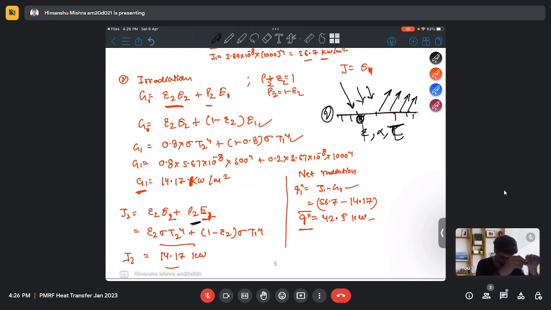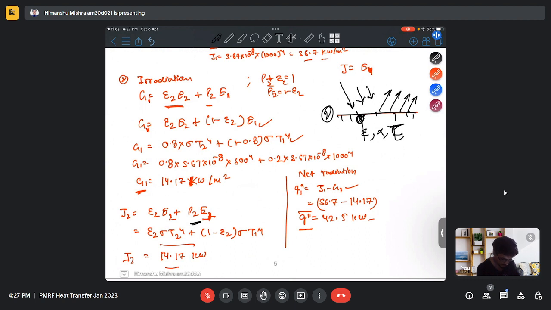Because we are having absorptivity. When there is incident radiation, some part will be absorbed, some will be reflected, and some will be transmitted. The transmissivity, the fraction which is transmitted, that we are taking as 0.